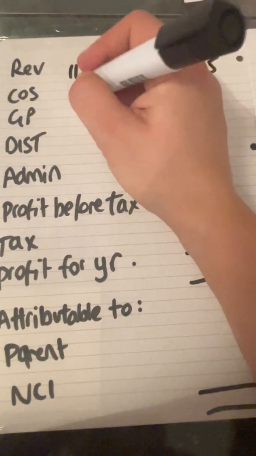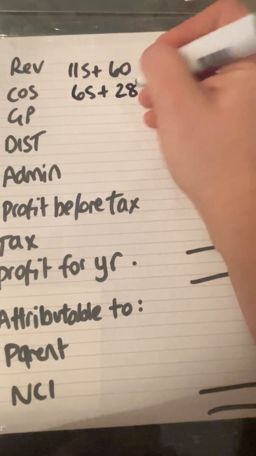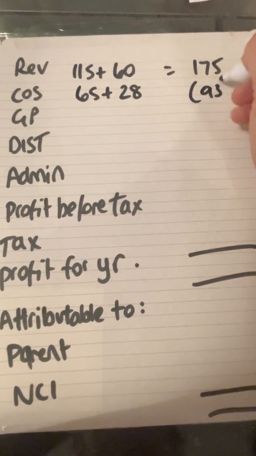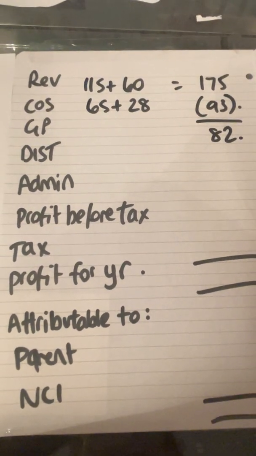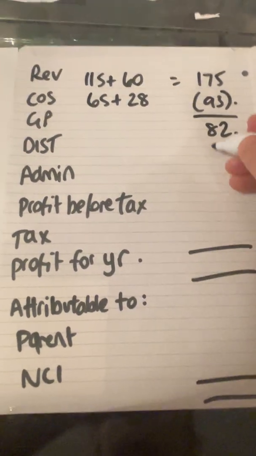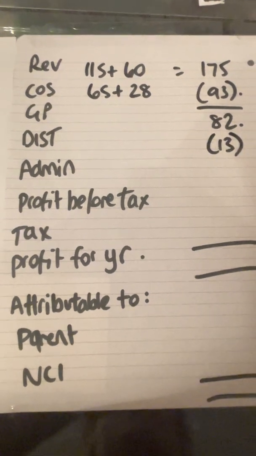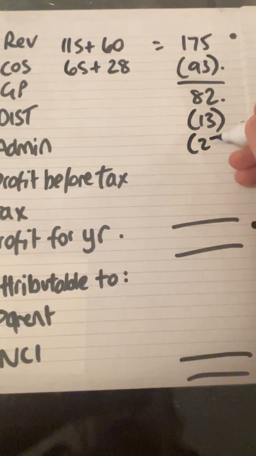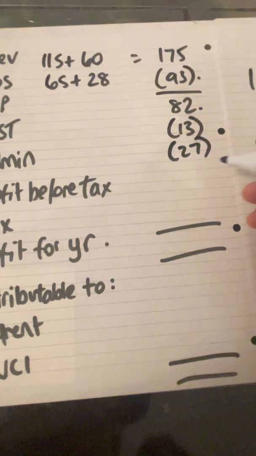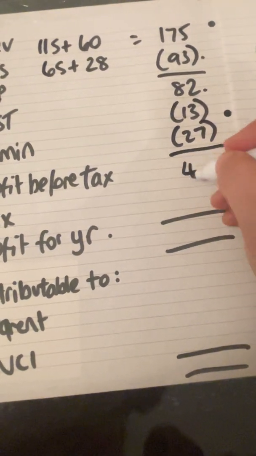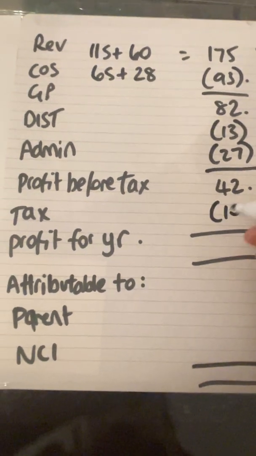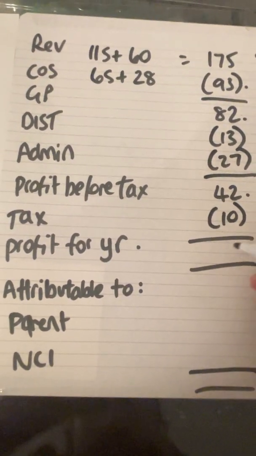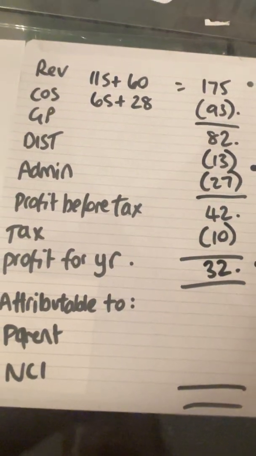Cost of sales is going to be 65 plus the 28 to give me 93, to give me a gross profit now of 82. Distribution, now 13. Admin, now 27, to give me a profit before tax of 42. Tax to come off of 10, to give me a profit for the year of 32.